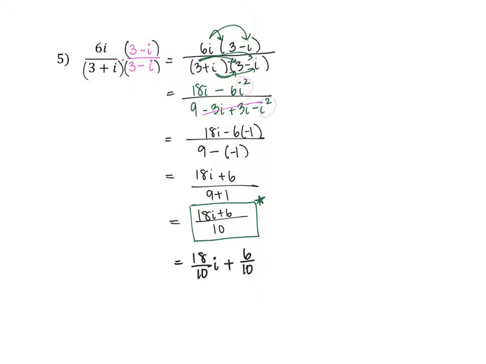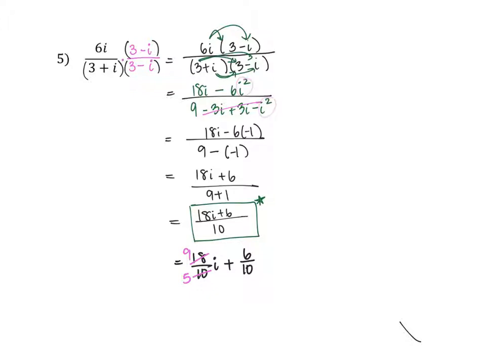If you look at this, you can actually reduce both of these fractions. What goes into 18 and 10? Well, let's just try 2. 2 goes into 18 9 times. 2 goes into 10 5 times.